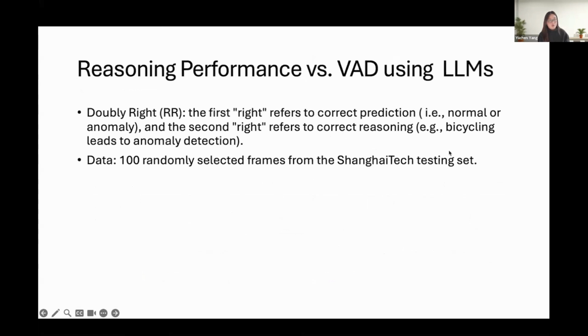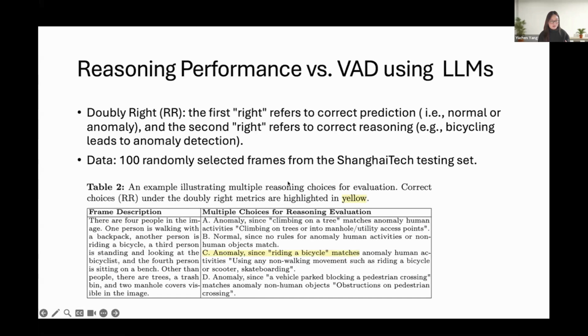And also we have tested the reasoning performance versus VAD using language models. This is an example of how we conduct the test. For each frame description, we design 4 choices for reasoning evaluation.